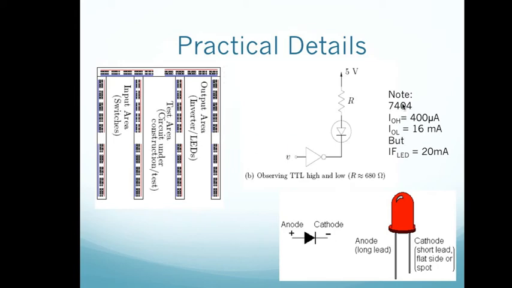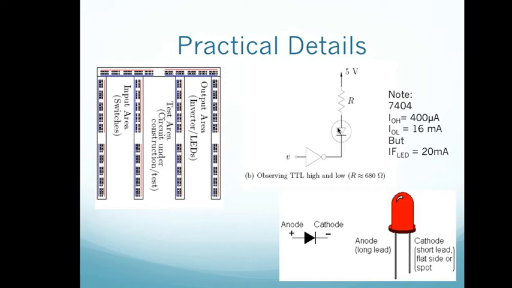If we look at the data sheet for the 7404, you see that when the output is high, it can only source 400 microamps, but when the output is low, it can sink 16 milliamps. The LEDs we're using are designed to be used at 20 milliamps. So if we just hooked them up in the most obvious way, which is we connected the anode to the output of our test and ran it to ground, this thing would never light up our LED.